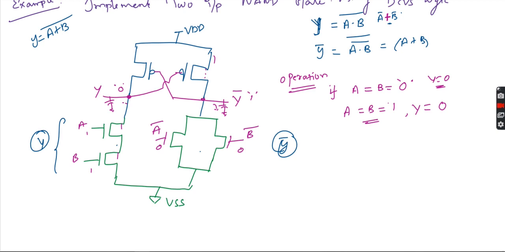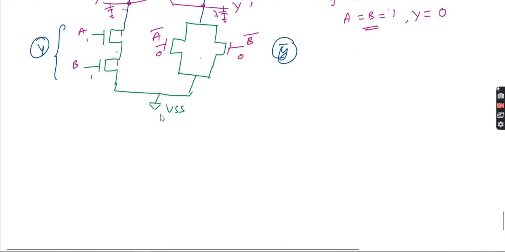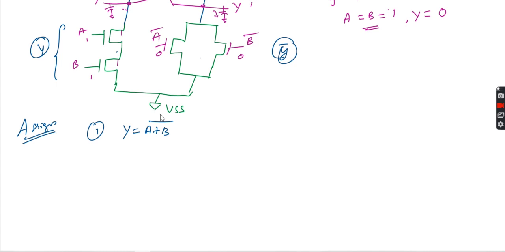Okay, so now your work is, take it as an assignment. Implement Y is equal to A plus B, the whole bar. Then the second is Y is equal to AB plus C, the whole bar.